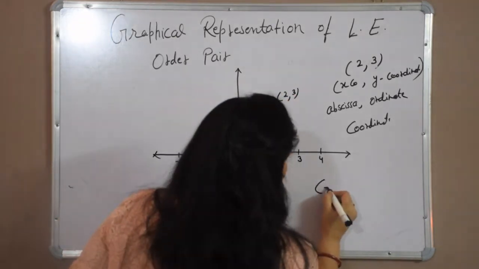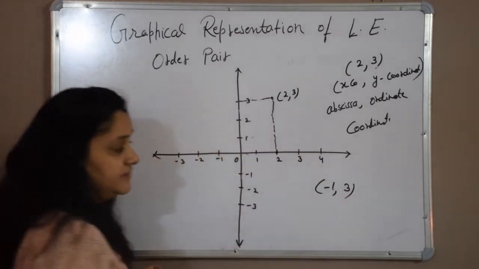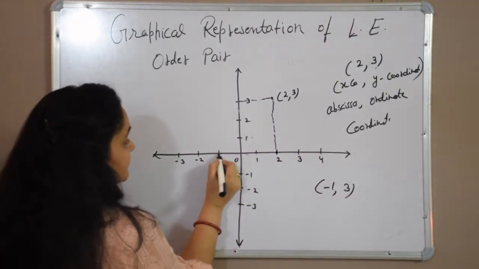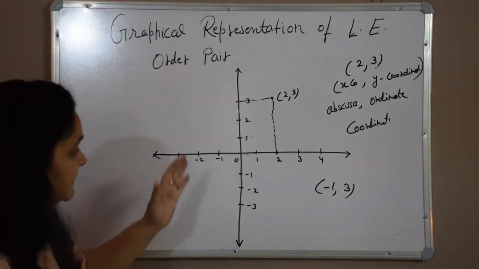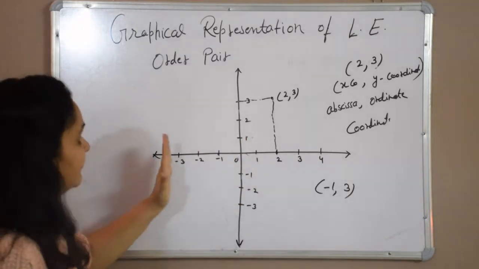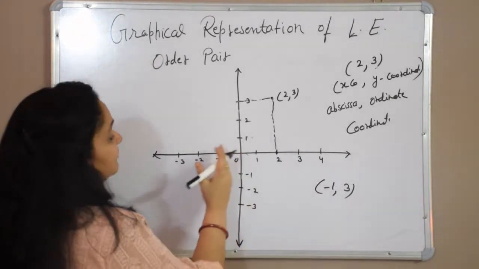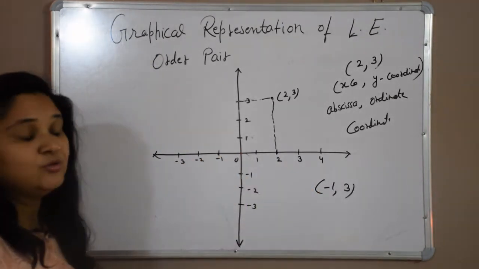Suppose I have to plot (minus 1, 3). So this we will see on the x-axis. On the x-axis minus 1 is here, and we can consider it as a perpendicular distance from the y-axis. It is a point on the x-axis, but the distance is from the y-axis. You have to understand it both ways.